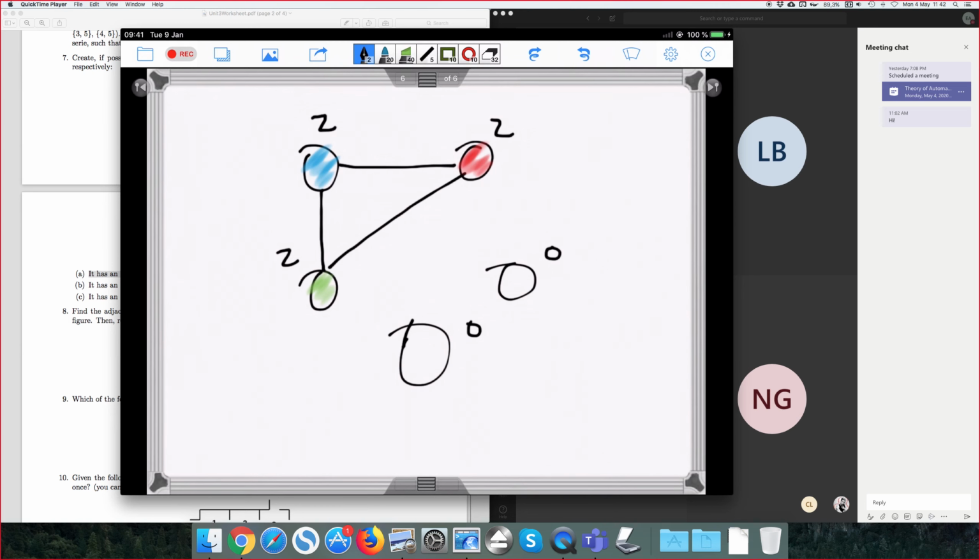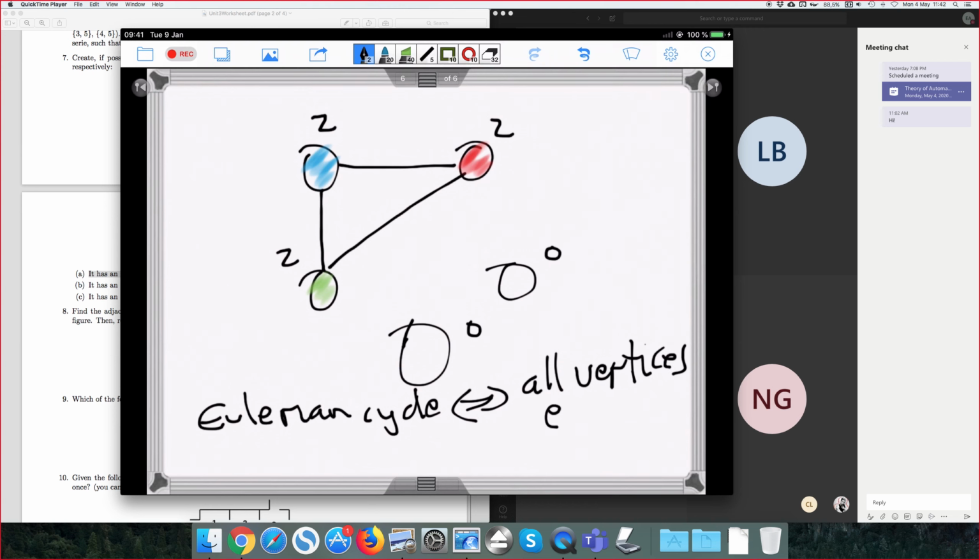And we know that the condition for an Eulerian cycle is that all the vertices have even degree. Okay, so if I include the 4th edge, it is impossible to obtain an Eulerian cycle because then there will be 2 vertices with odd degree.